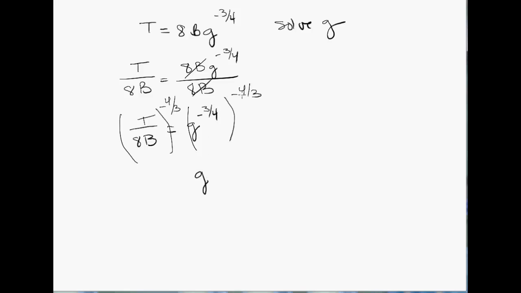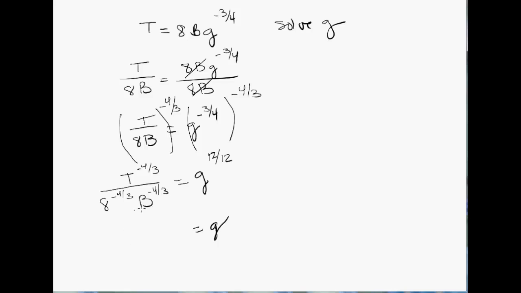We're going to multiply our exponents. It's going to be a positive 12/12, which is 1. So essentially over here it is just G, and over here it's T to the minus 4/3, 8 to the minus 4/3, and B to the minus 4/3.